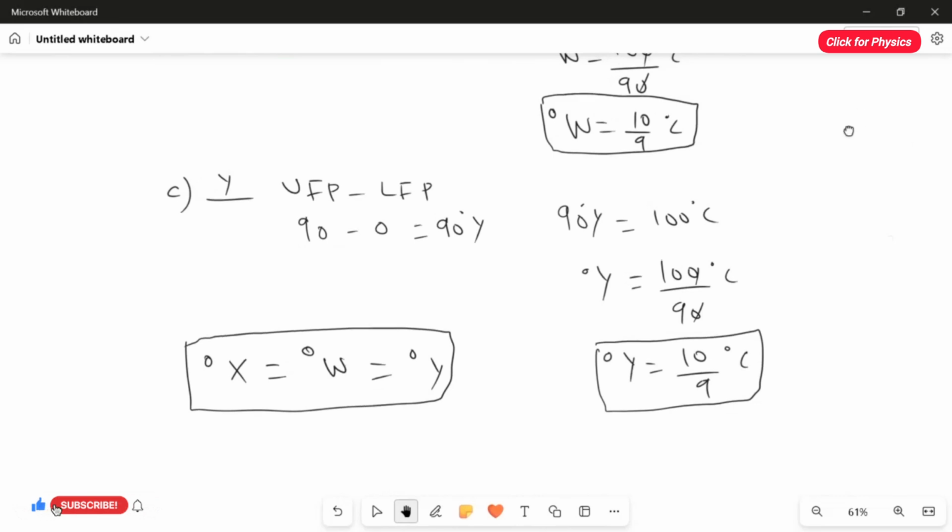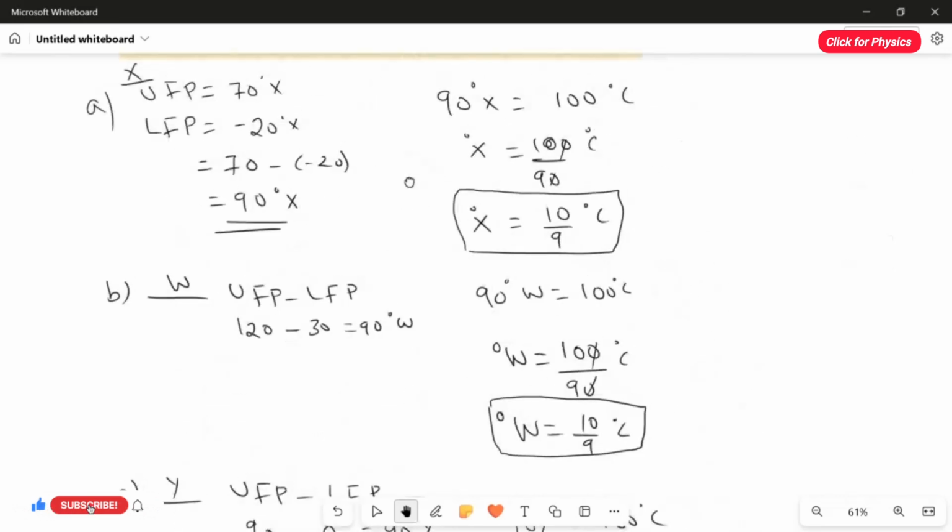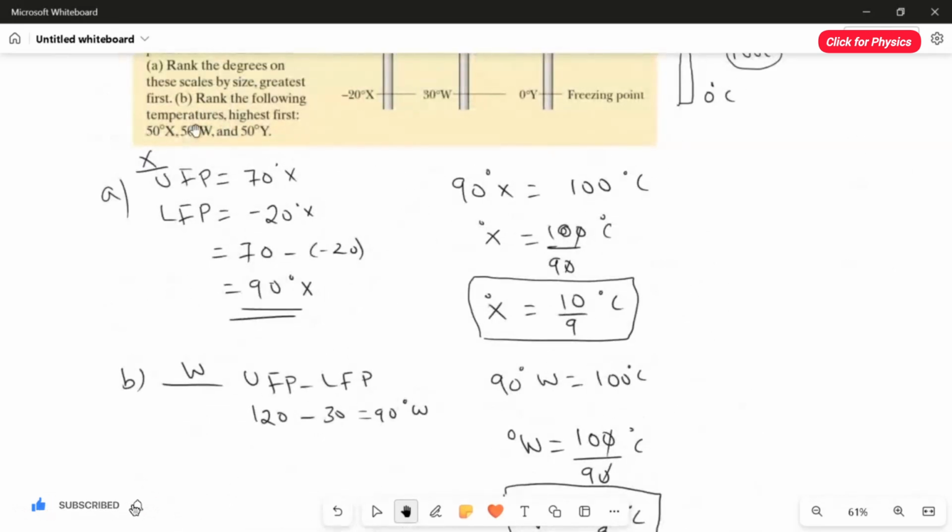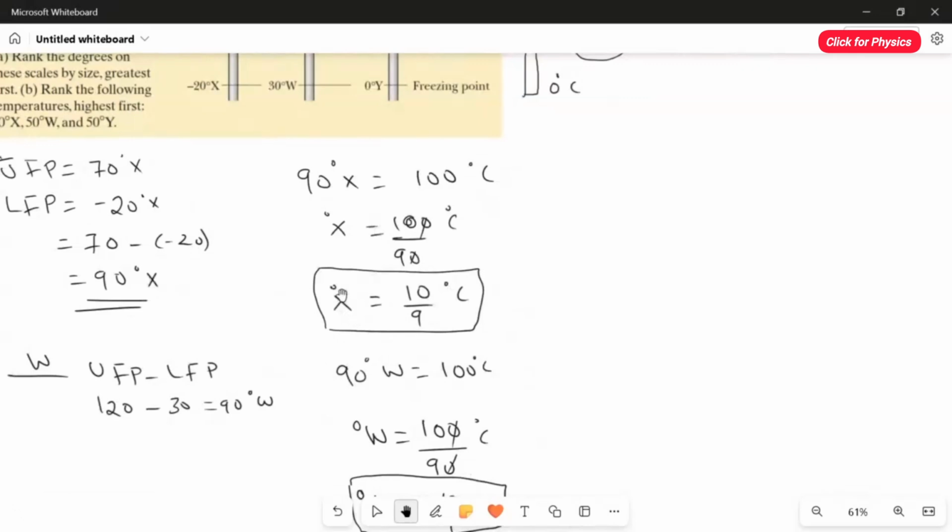For the second question, they ask us to rank the following temperatures, highest first: 50 degrees X, 50 degrees Y, and 50 degrees W. Out of these three, which one has the highest value? For that, we consider the answer of the first part. In place of degree X, I am going to substitute this 50.